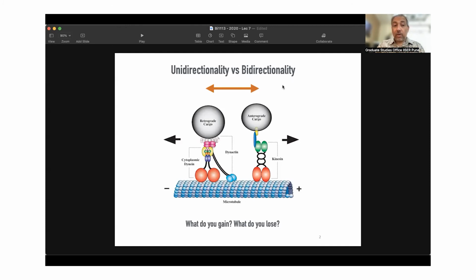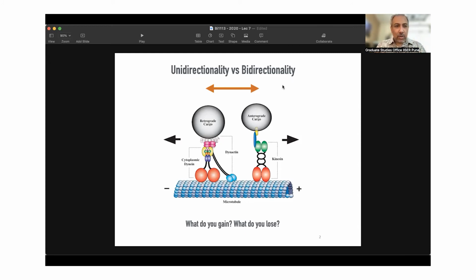And the kind of cargo that motor proteins carry means that error could be very vital for the cell. So as I said, it's possible that bidirectional proteins were tried out, and given a chance, they could evolve a system that's as error correct and as less error prone as a unidirectional system. And maybe at that point of time, these motor proteins will come into play, right? But for the moment, this seems to be the choice that cells are making.